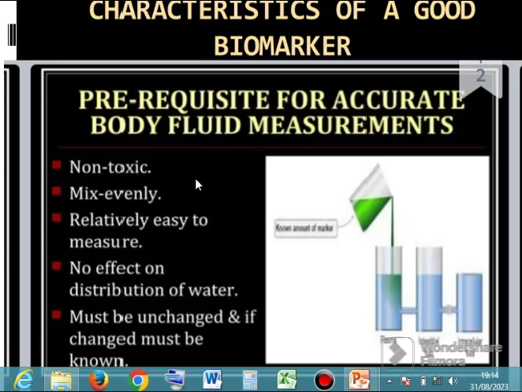So that when you are sending a patient to a lab, ensure that the persons there are performing the correct tests. Because sometimes, most laboratories you see around are being operated by quacks.